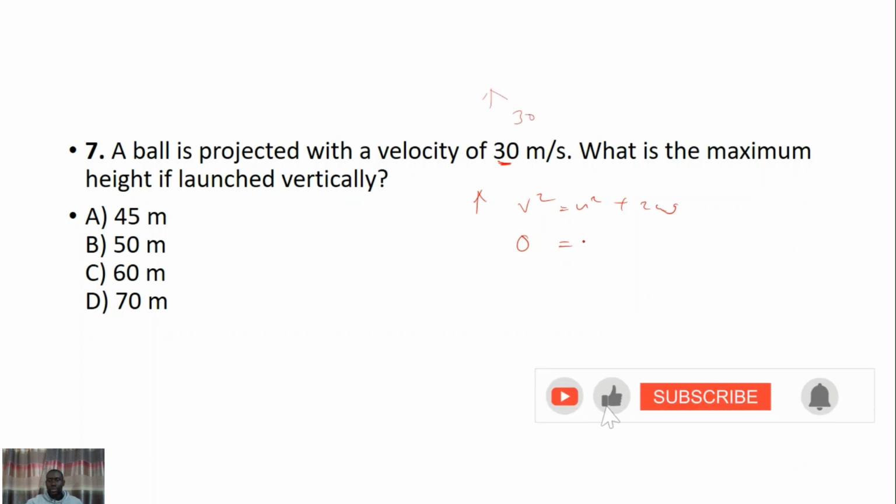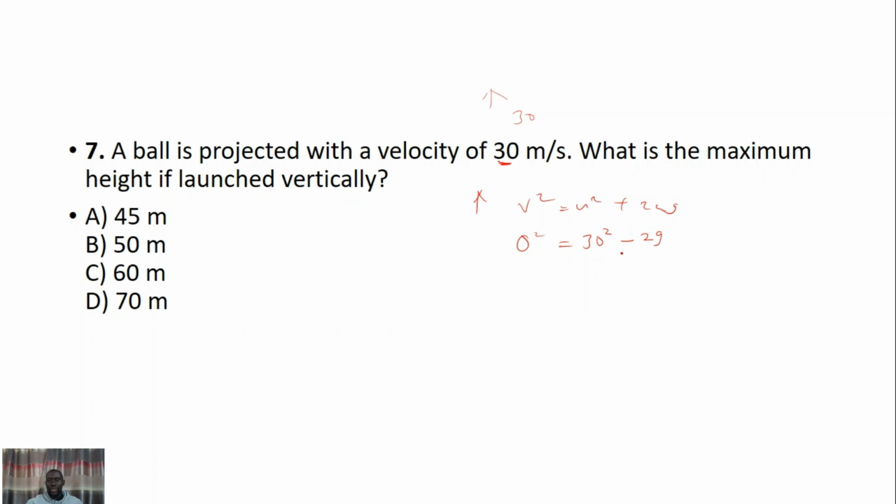Okay, so that will be u squared, that is 30 squared, and since it will be decelerating, that will be minus 2gh, right? And if you bring it to this side, that will be 2gh equals to 30 squared will be 900, right?